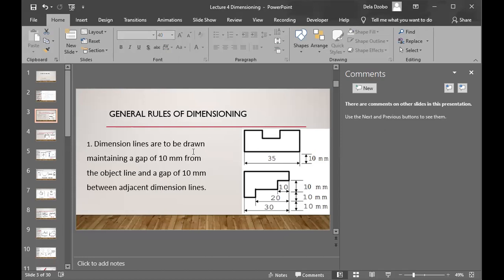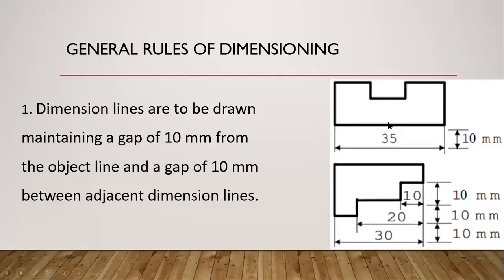You can see here is our object. We can see our dimensioning line here. Okay, now what is up here? Excuse me.